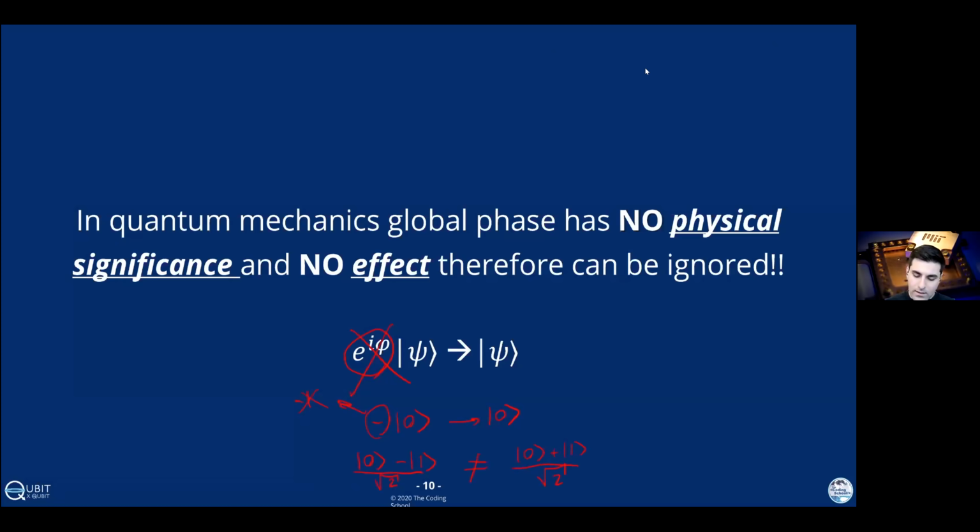So this minus sign between 0 and 1 is not a global phase, but rather a relative phase between 0 and 1. And that is actually something that we are able to measure using quantum mechanics and in the lab. This is something we're going to see again in the context of the Bloch sphere, but I just wanted to point this out so this doesn't cause confusion.